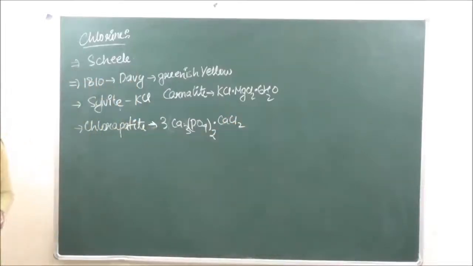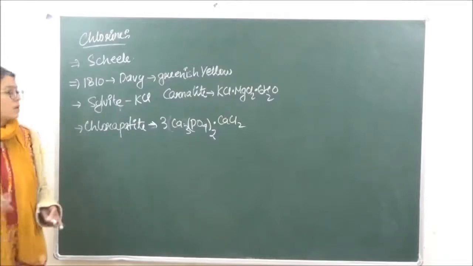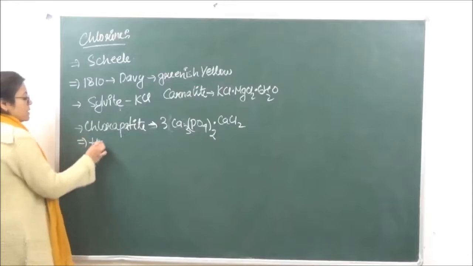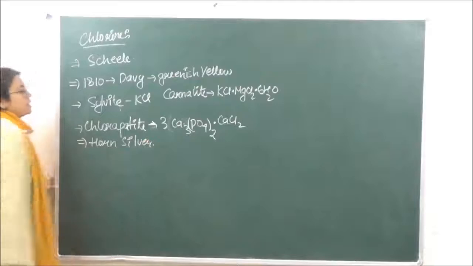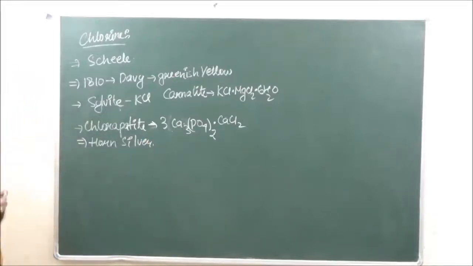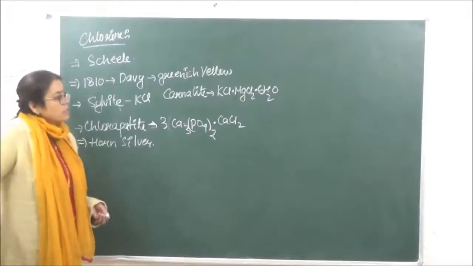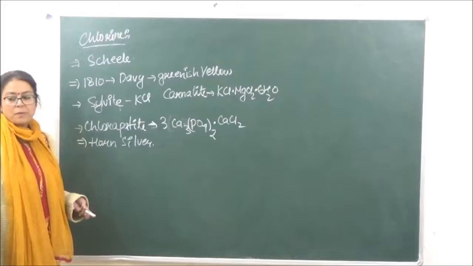And then we have horn silver. So that is another one, horn silver, AgCl. So this is how we get chlorides. Then you know of rock salt, NaCl, which has a large amount of chloride present in it.